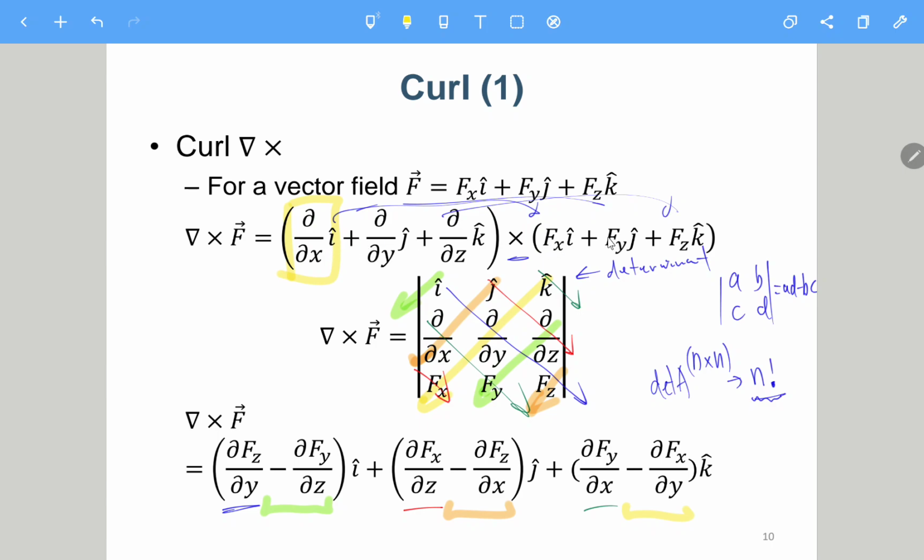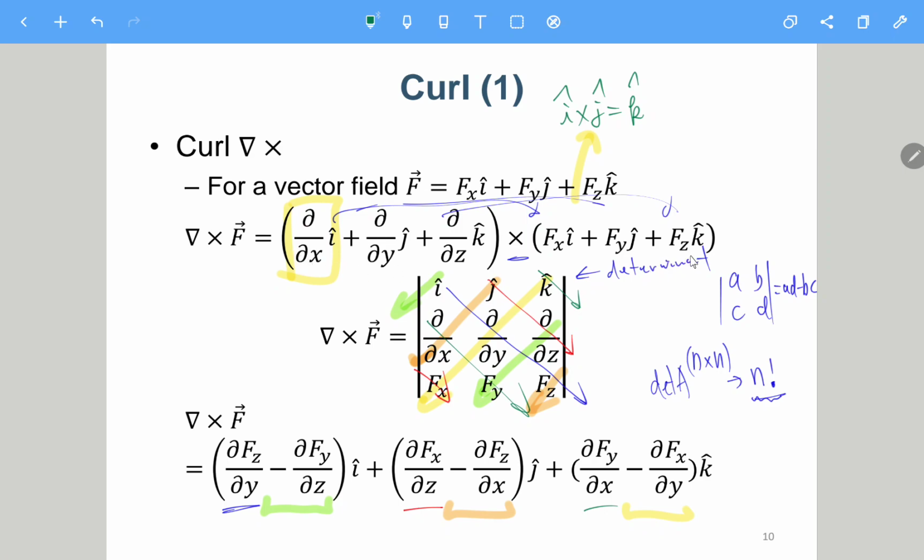For the next one, i hat cross j hat will be positive k hat. So it turns out to be partial fy partial x with a k hat, which goes to here.